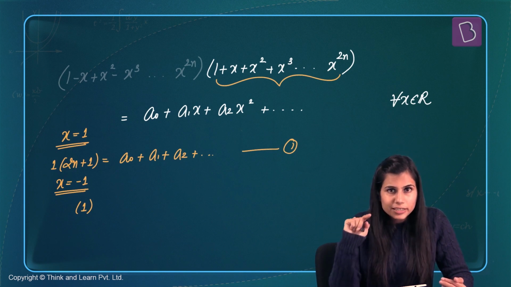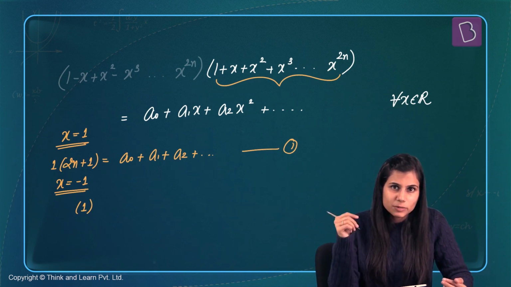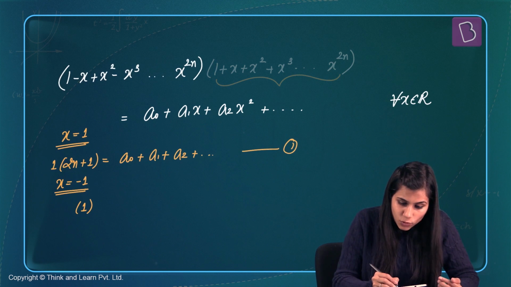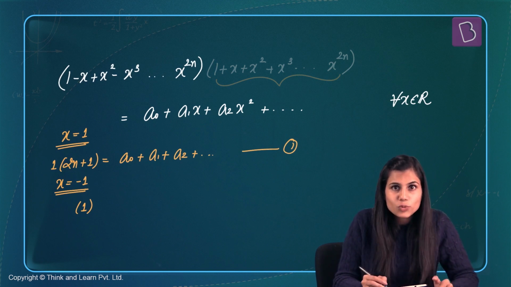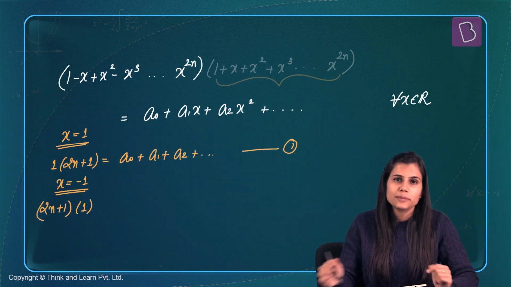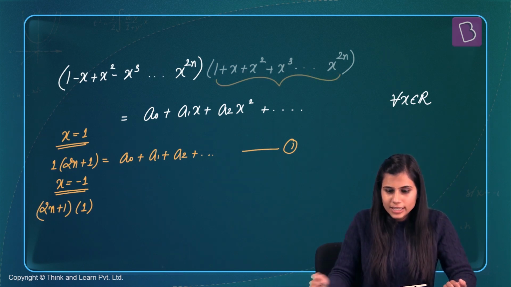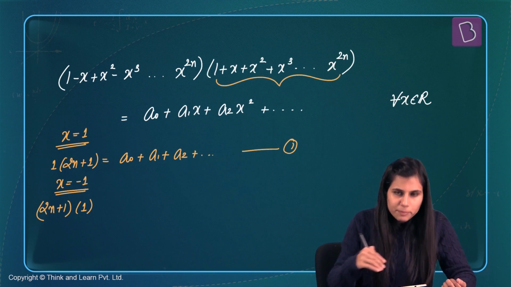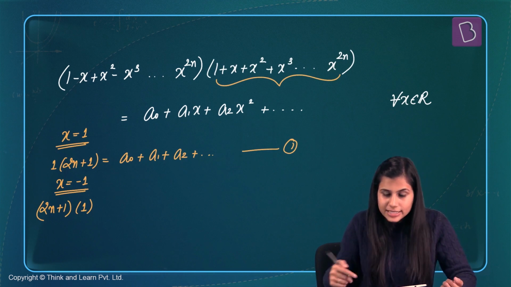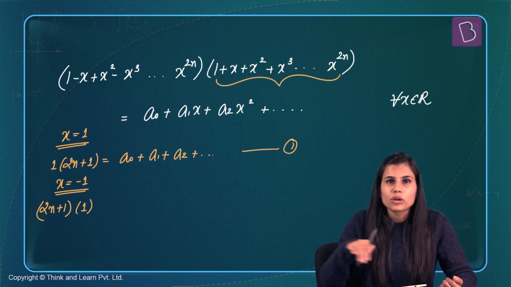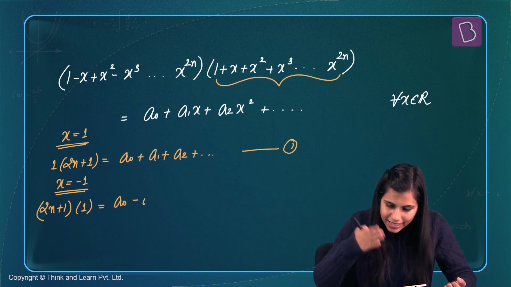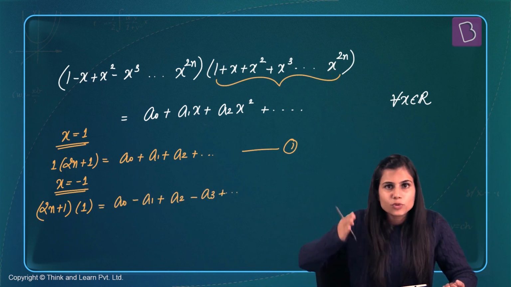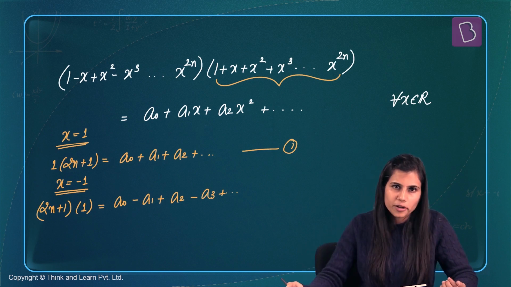So this bracket gives you 1 when you plug in x equals minus 1. And the other bracket gives you 1 plus 1 plus 1 and so on, 2n plus 1 times, so it is 2n plus 1. The entire left hand side comes out to be 2n plus 1 into 1, that's 2n plus 1. And the right hand side, in that polynomial expression, when you plug in x equals minus 1, you get a0 minus a1 plus a2 minus a3 and so on.